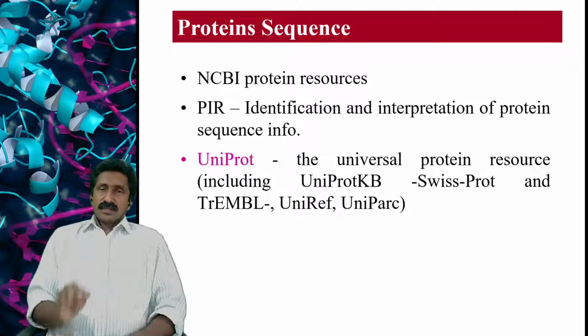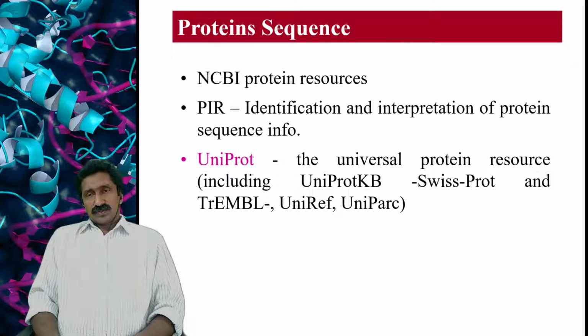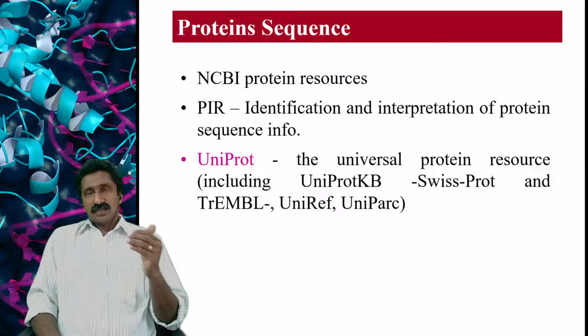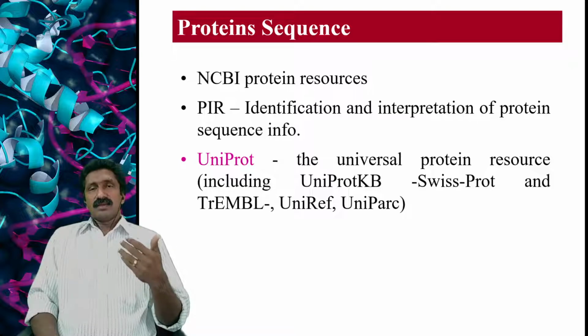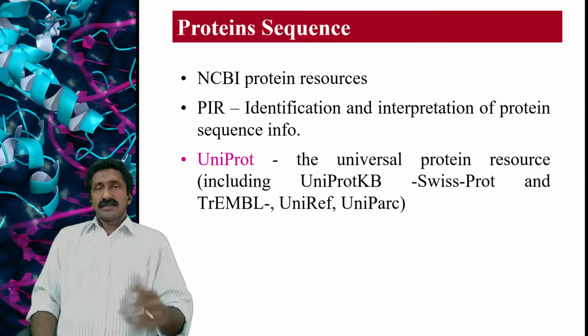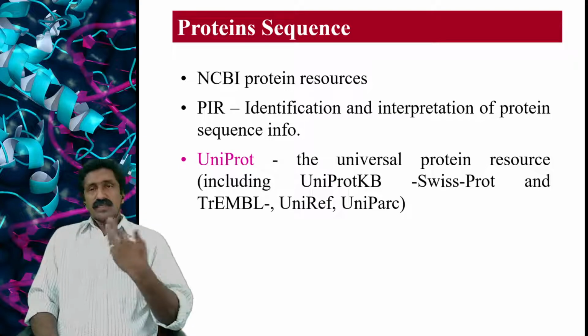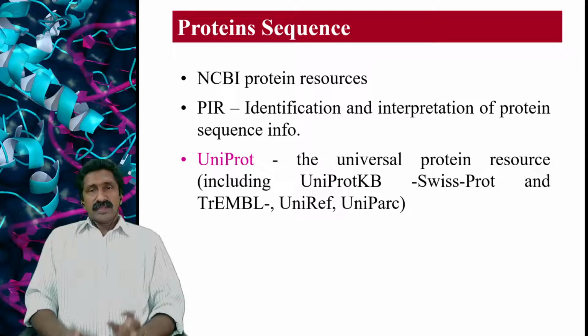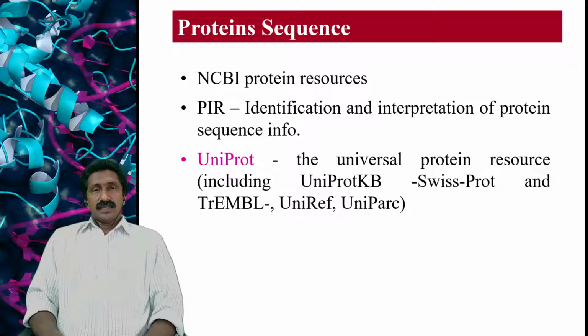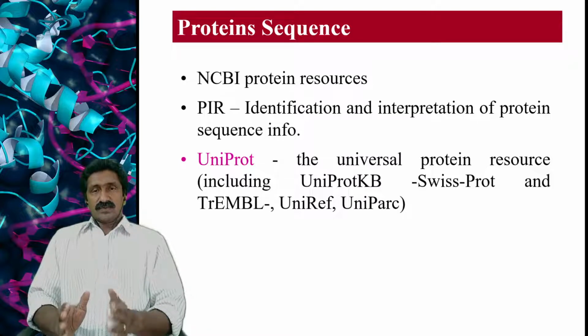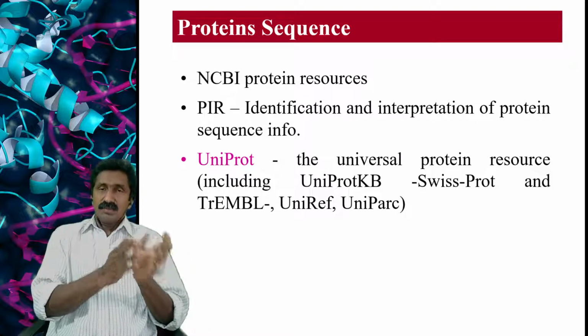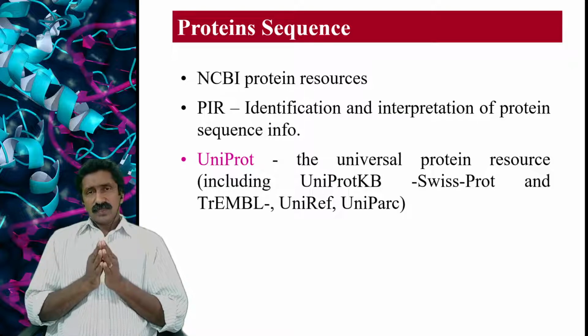So the first one is the NCBI protein resource. As I mentioned in the last class, NCBI holds many databases other than the DNA sequence database, that is GenBank. They have a protein sequence database also. So NCBI protein resource is another database of protein sequences, whereas GenBank is for primary nucleotide sequence.